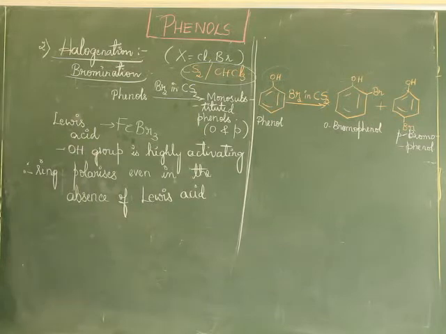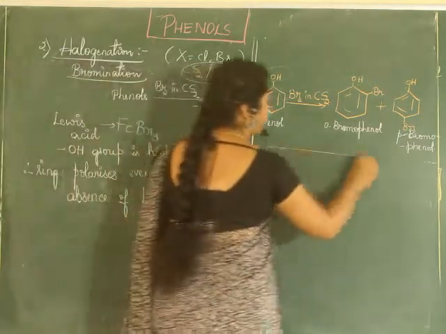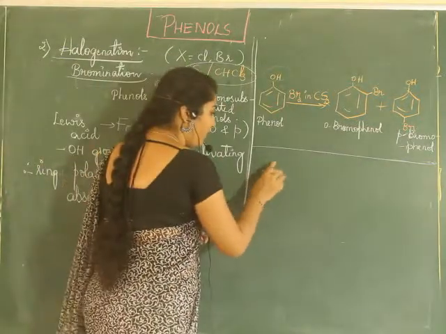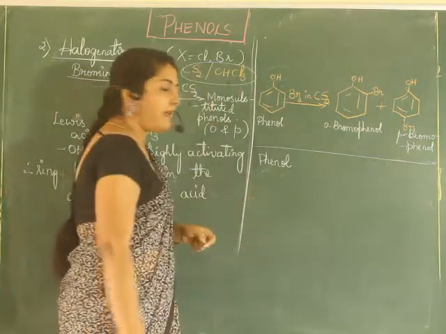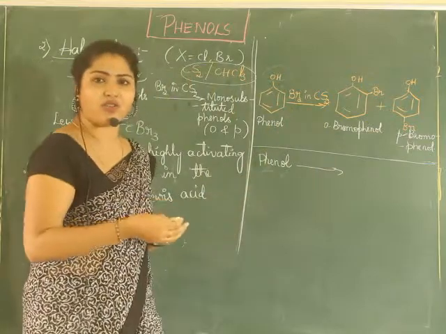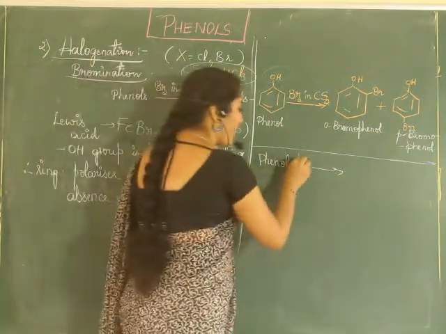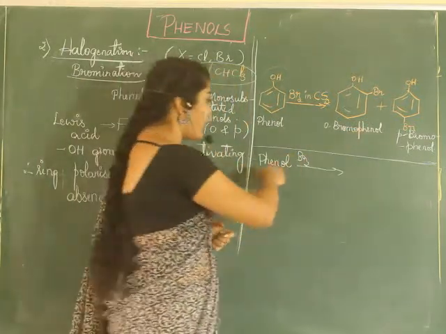Okay, what if the same process is carried out in the presence of bromine water? Let me write it here. The same bromination process, if phenol is treated with bromine in carbon disulfide, forms monosubstituted bromophenols.